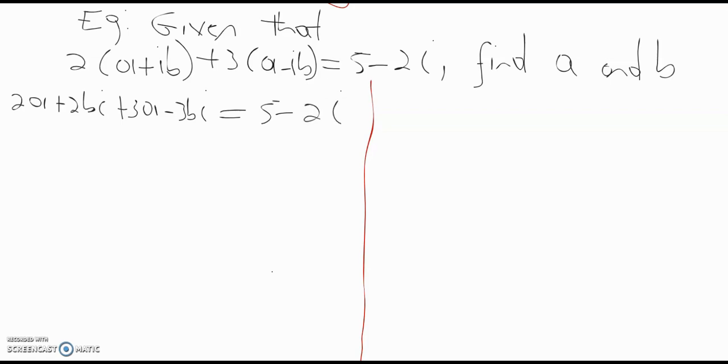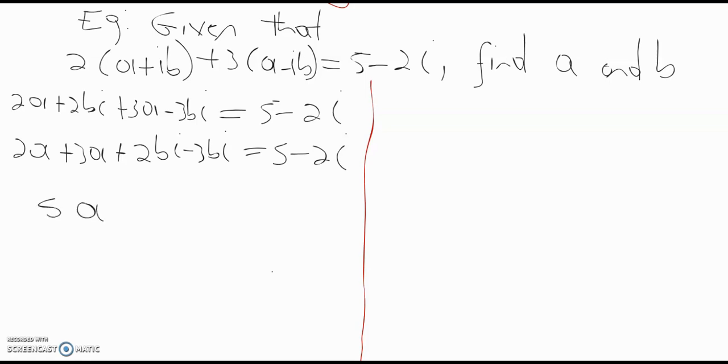Now on my left, my real parts would be 2a and 3a, and my imaginary parts would be 2bi and minus 3bi, which is equal to 5 minus 2i. Now, 2a plus 3a is equal to 5a, and 2bi minus 3bi is going to be minus bi, equal to 5 minus 2i.